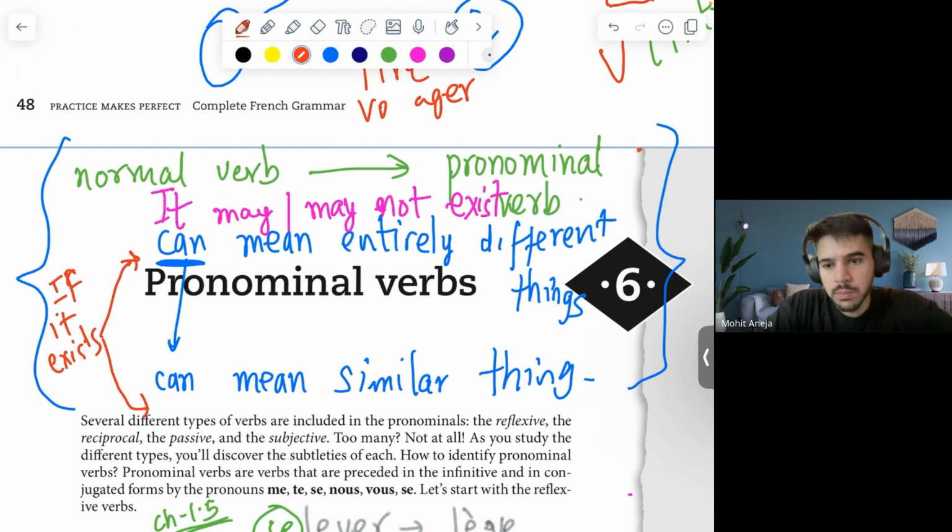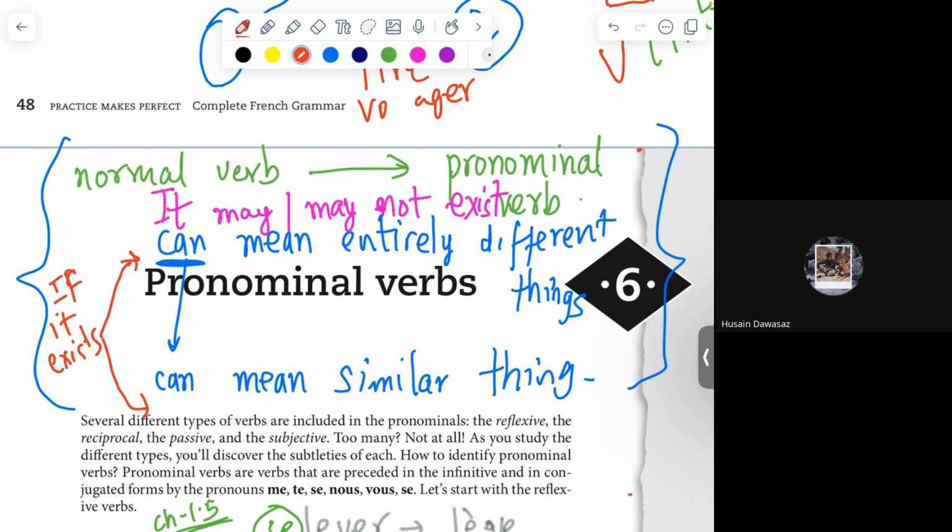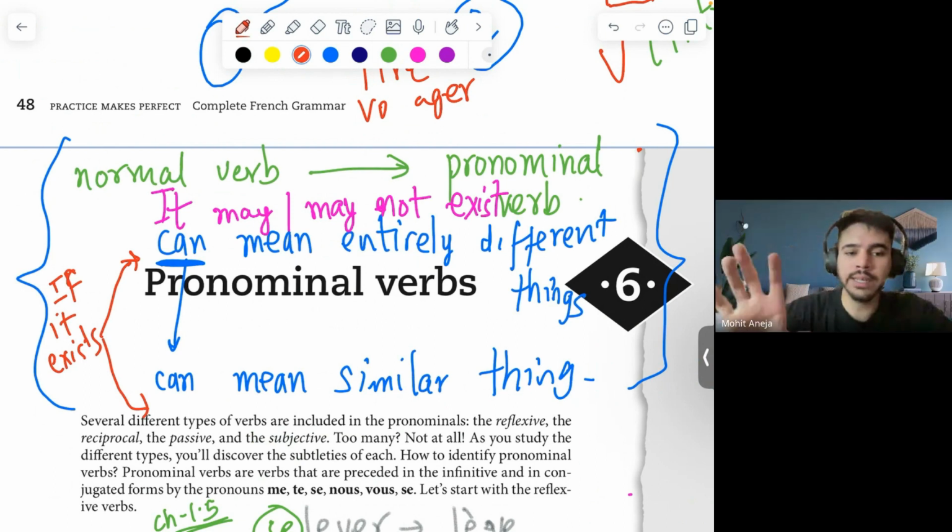If the pronominal verb exists, second case, it is possible that the meaning of that new verb, that is the pronominal verb, is entirely different from the original verb. Entirely different means the meaning is also different. उसका मतलब ही चेंज हो जाता है if I change it to pronominal verb.